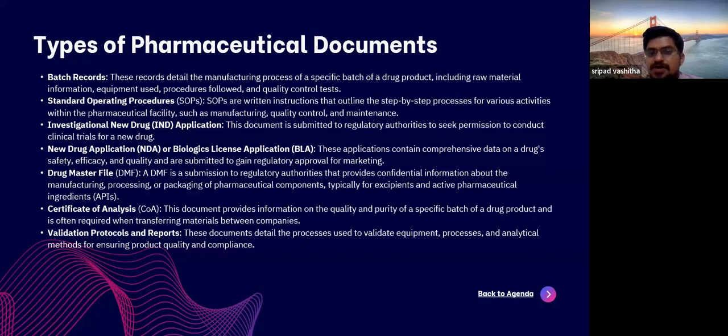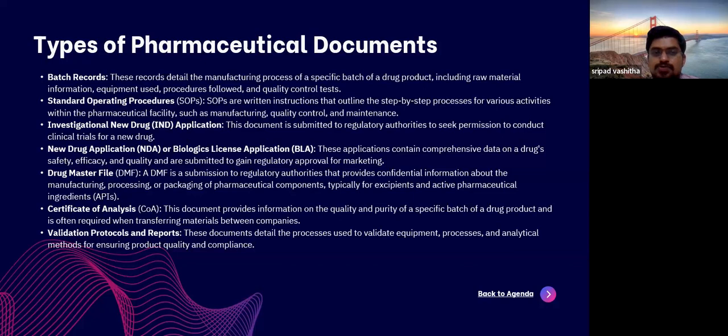Okay, certificate of analysis. You would have done an analysis for a particular compound, particular batch, particular product. Yeah, so what is the end result you would have got, that you certify it, basically that becomes the certificate of analysis. Yeah, so validation protocols and reports, there are two things here.